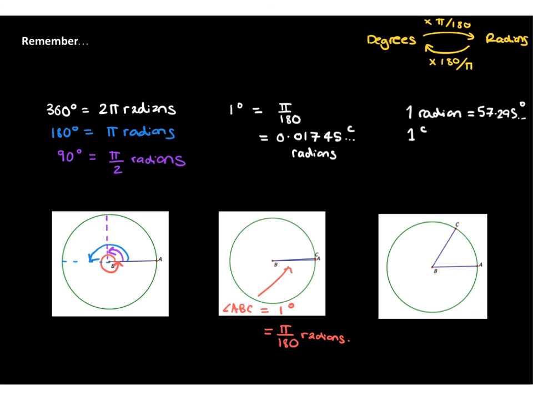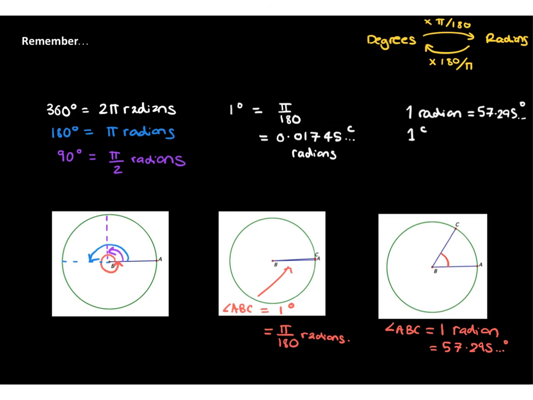So that's illustrated by the diagram below here, and we can see that angle ABC is equal to 1 radian, which is 57.295 degrees. And you can see that that measurement there is about 57 degrees. It looks just short of 60 degrees there, which makes sense.